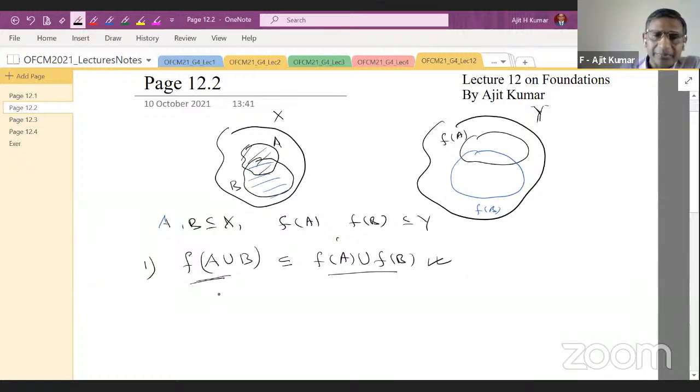Now let us look at what happens to this side. Sorry, let us look at the union itself, not go to intersection. f of A union f of B, is it a subset of f of A union B?